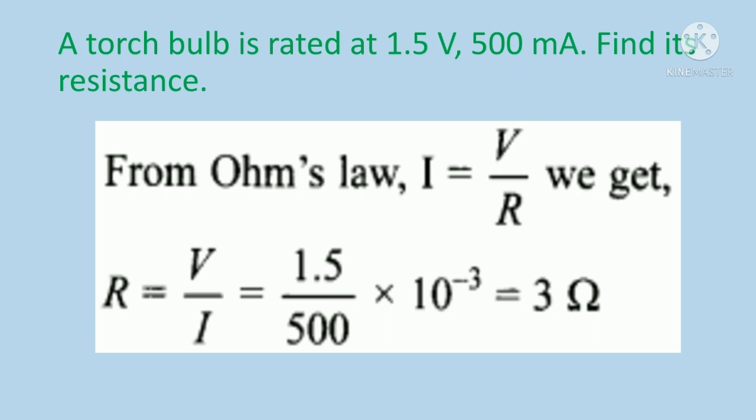Take R this side and send I this side. What you will get? R is equal to V by I, that is equal to 1.5 divided by 500. Because it is given in milliampere, it should be converted into ampere, so it should be multiplied by 10 to the power minus 3. So by calculating, you are going to get 3 ohm.